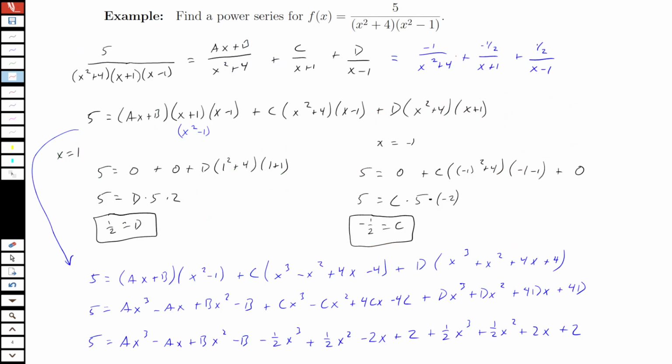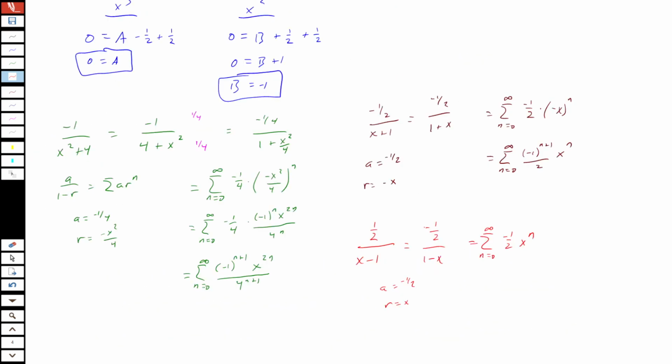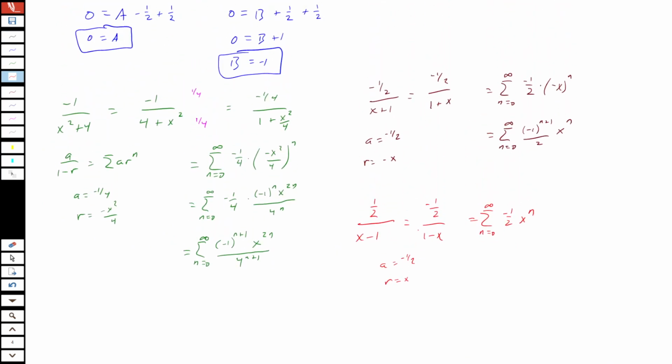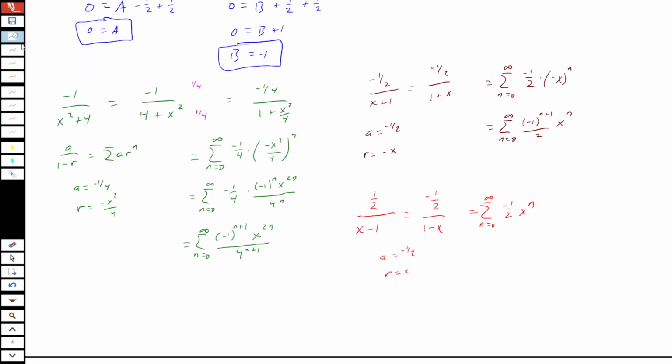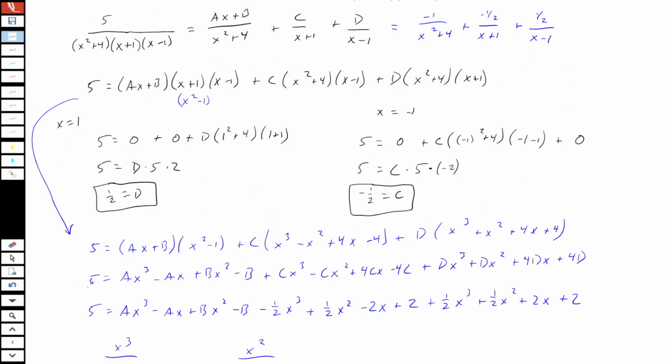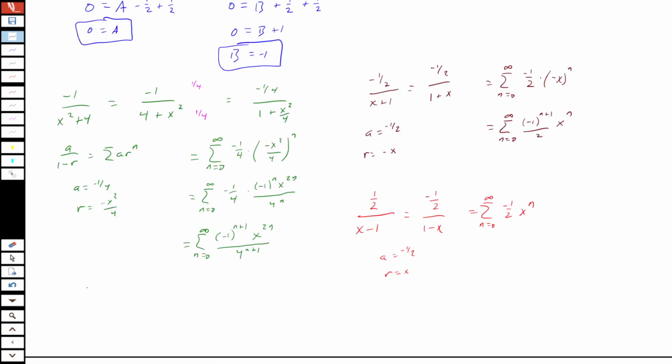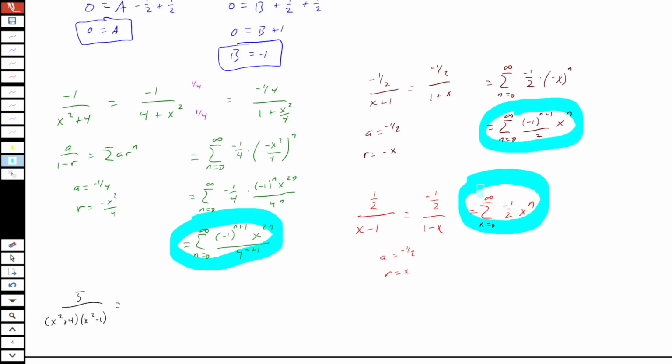So now if I take my original function, it's these three series added together. So my function was 5 over x squared plus 4, x squared minus 1. So what I'm going to do is I'm going to add these three series.